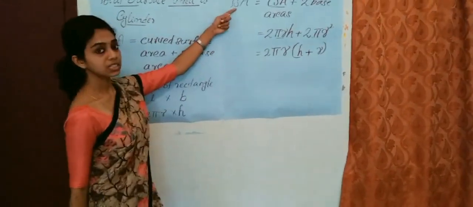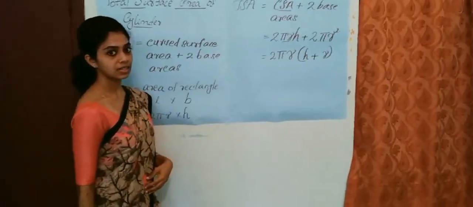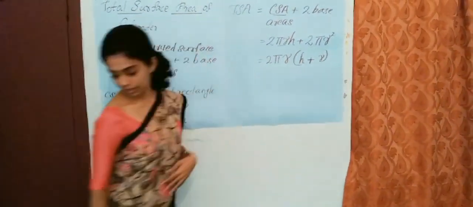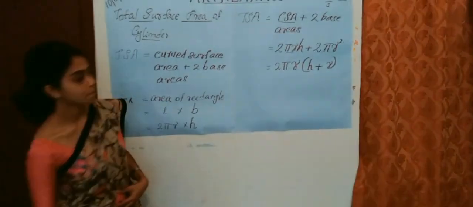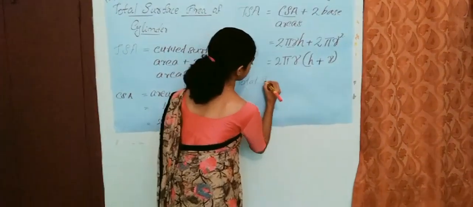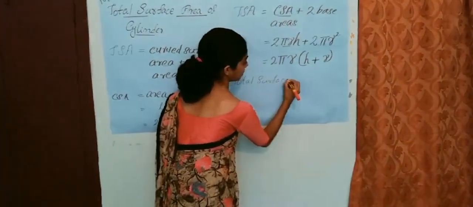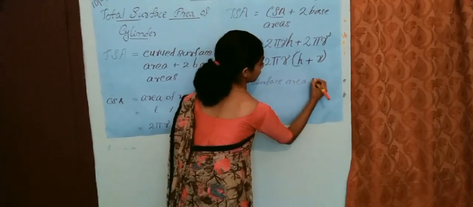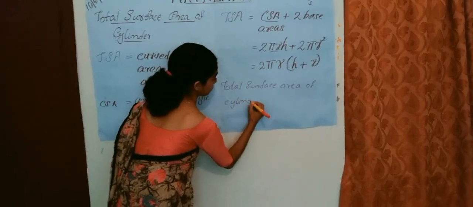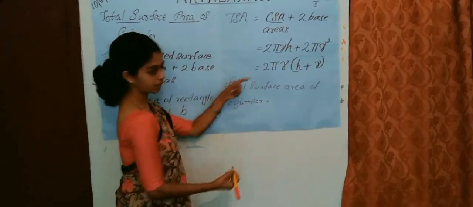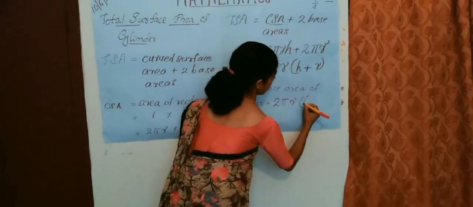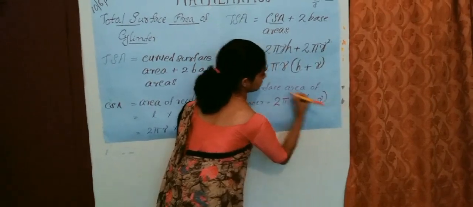So, we have obtained the total surface area of the cylinder as 2 pi r into h plus r. Now, we can write: total surface area of cylinder is equal to 2 pi r into h plus r.